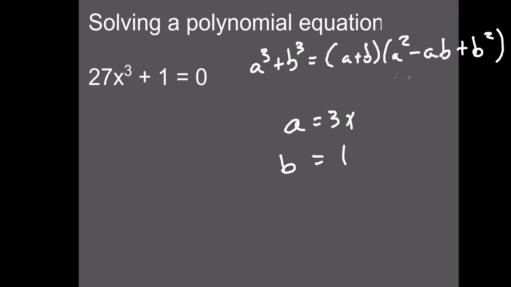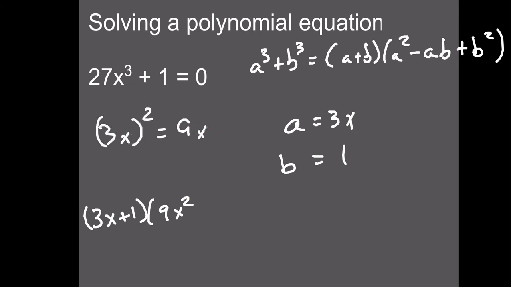Now we're going to substitute in a and b, and what we get is 3x plus 1 times 3x squared, which is 9x squared, minus a, which is 3x, times b, which is 1, plus b squared, which is 1 squared. So this is equal to 27x cubed plus 1, and all of that is equal to 0.